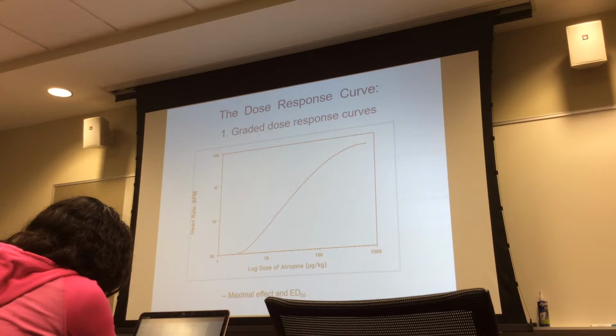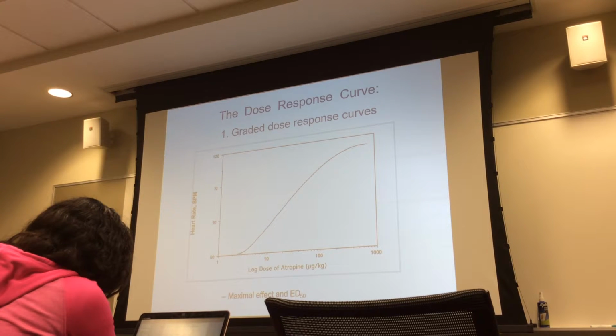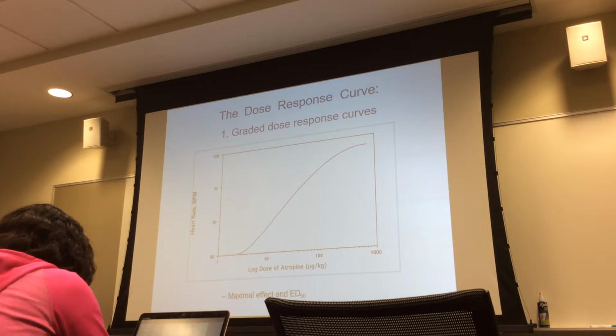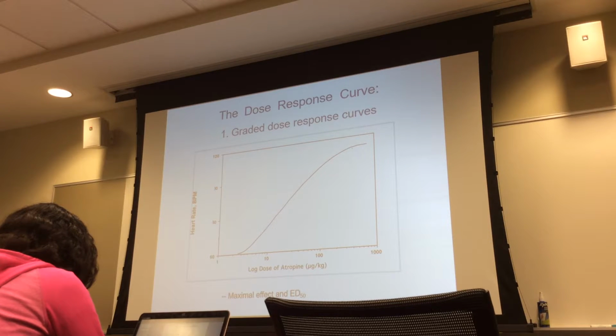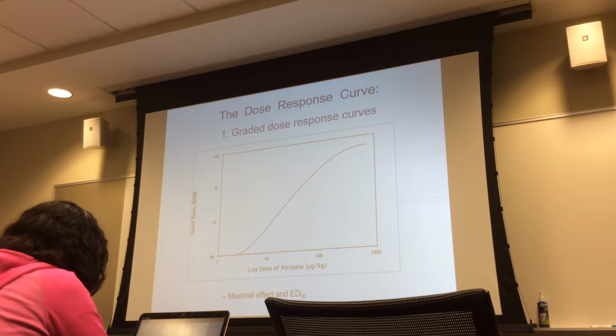So this is probably a tachycardic drug, or maybe norepinephrine that increases heart rate. The more drug you give, the higher the heart rate goes. So this is a graded dose response, where for every specific concentration there is a response, and it goes gradually. For every unit increase of the drug, you get an increase in the response.